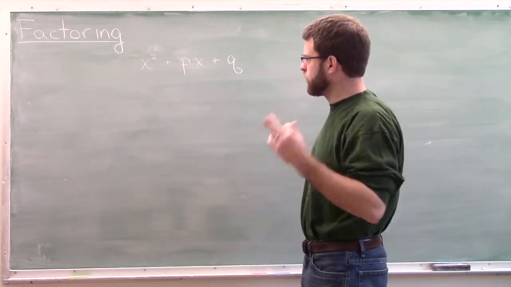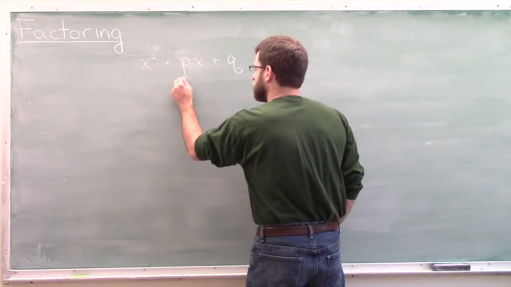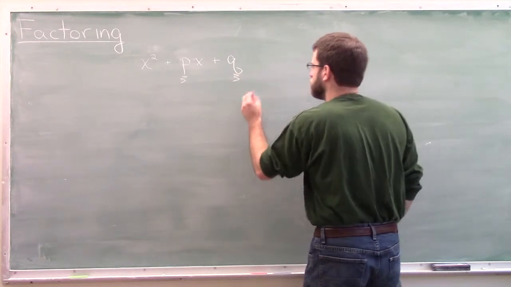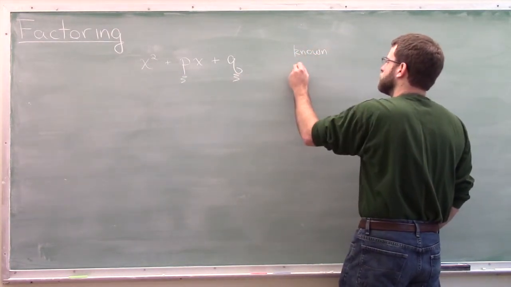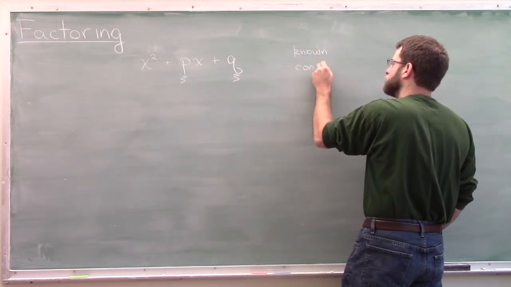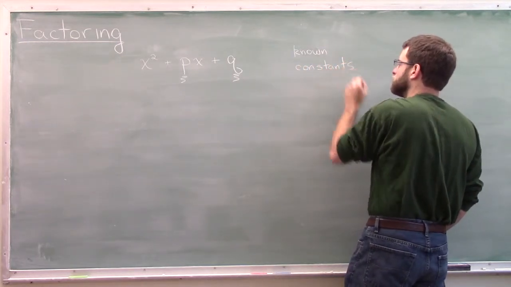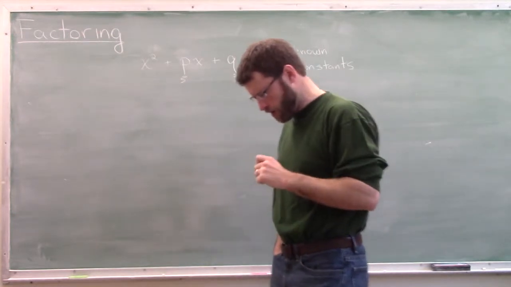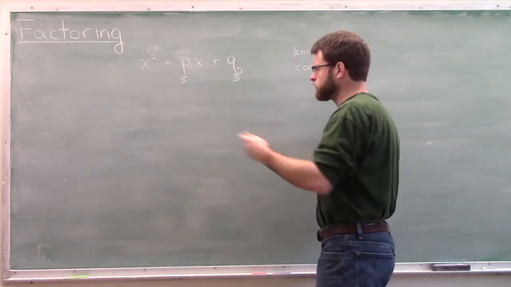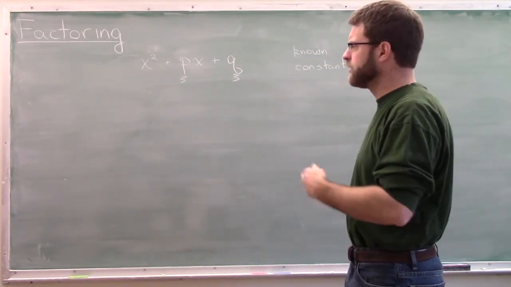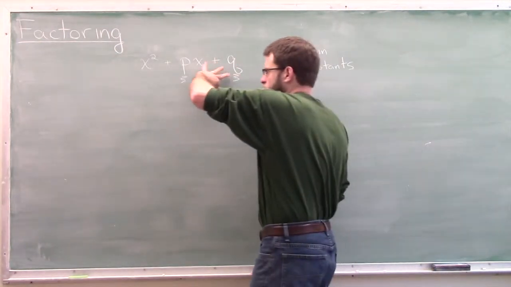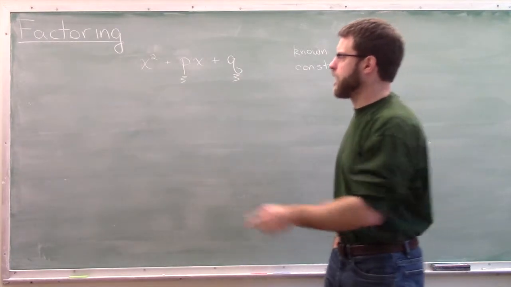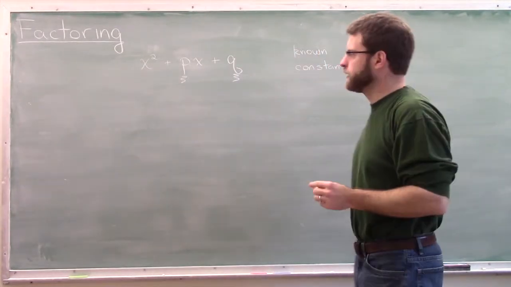Right now, we're going to think about p and q as being known constants. We're not going to specify anything more about them, so they could be positive or negative, any combination of the two. This is the standard canonical form of a quadratic with a leading coefficient of 1.